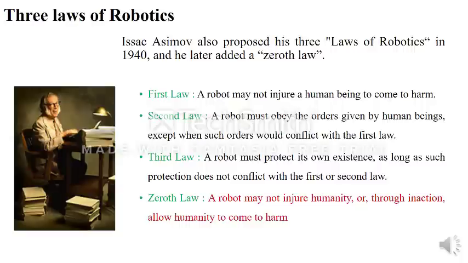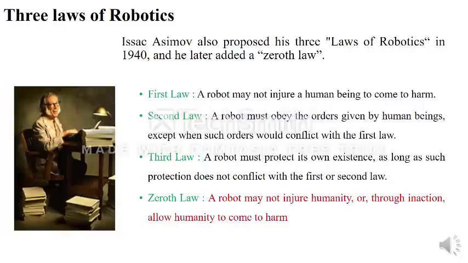Then, when you design a robot, it should not harm human beings at any cost. So, in 1940, Isaac Asimov proposed 3 laws. Anyone has to keep these laws and they have to design the robot.